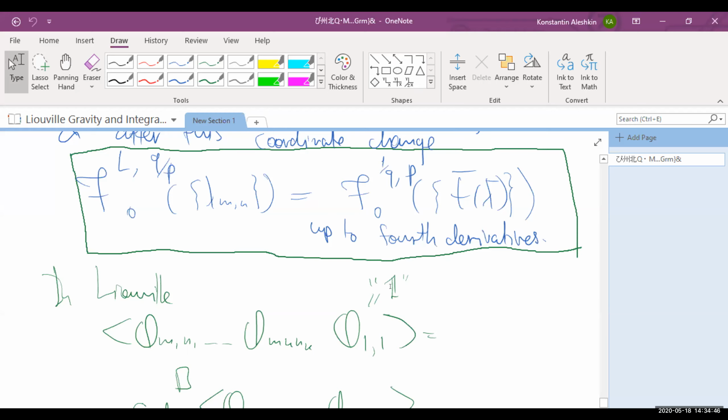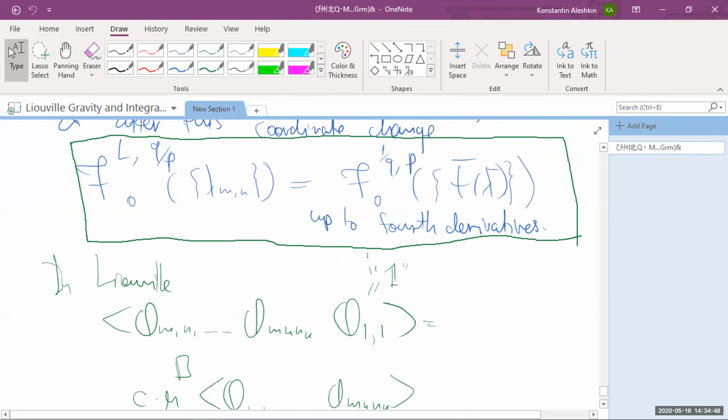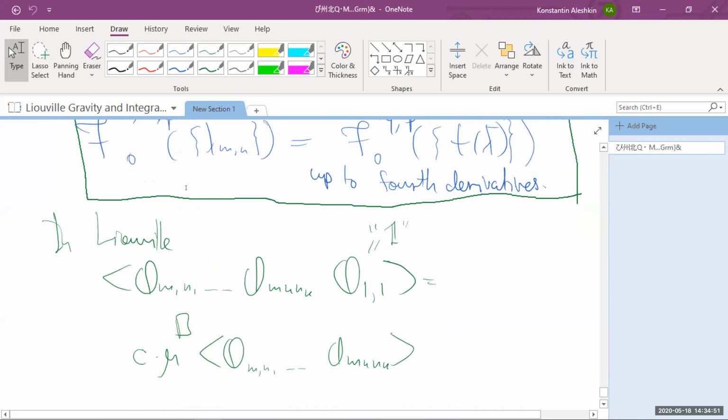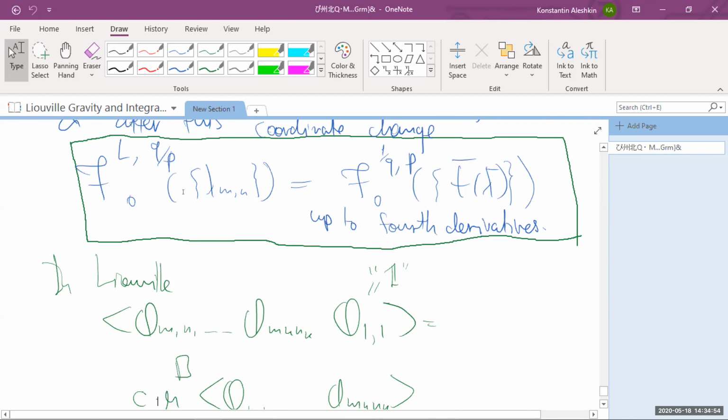So I guess I'm kind of over time, but let me just say in words, maybe write one sentence about the other sides of this correspondence. So far I only talked about spheres, up to 4 points, which is not very intriguing. But there has been some work on the torus, which I'm not completely familiar with, the 1-point function on the torus. What I'm more familiar with, and actually did quite a lot, is this correspondence on the level of disks.